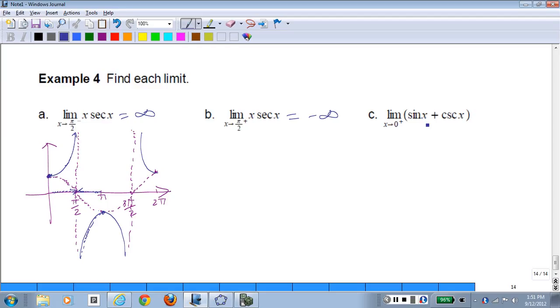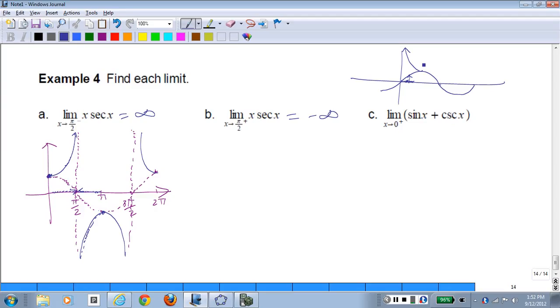Cosecant, now if x is a little bit more than 0, just a quick peek at the sine function. If x is a little more than 0, right here, is sine positive or negative? It's positive, yeah. So cosecant is positive, so evidently cosecant is going up like that.